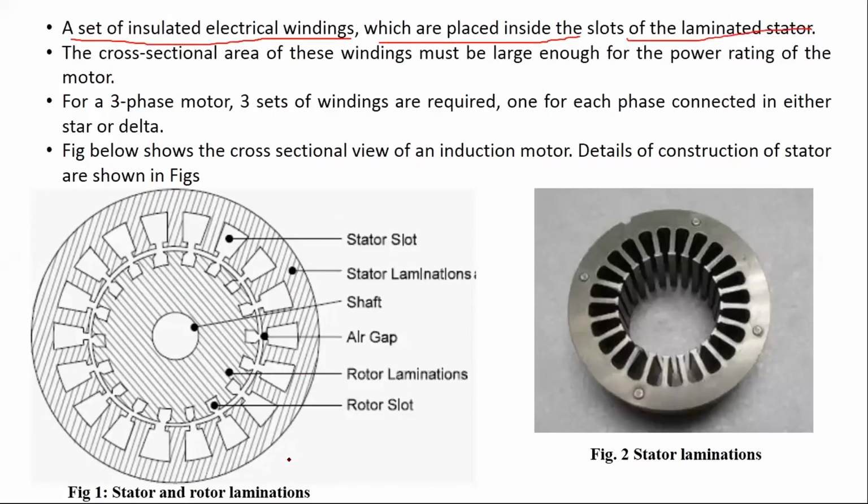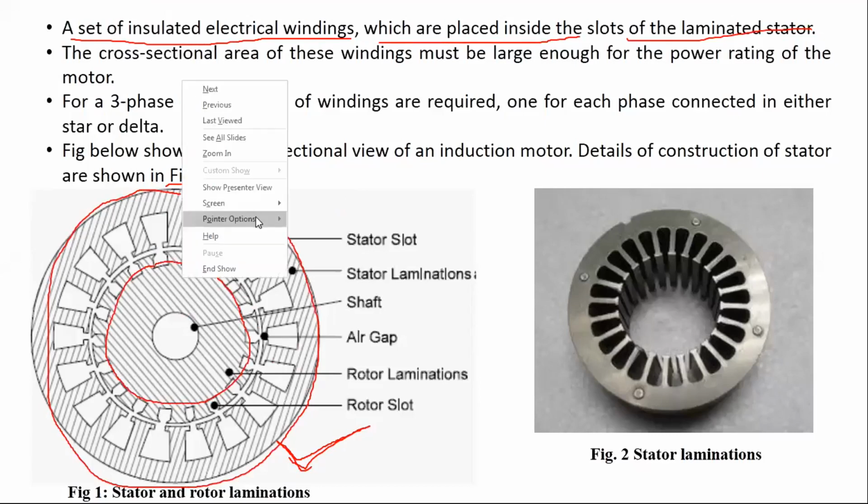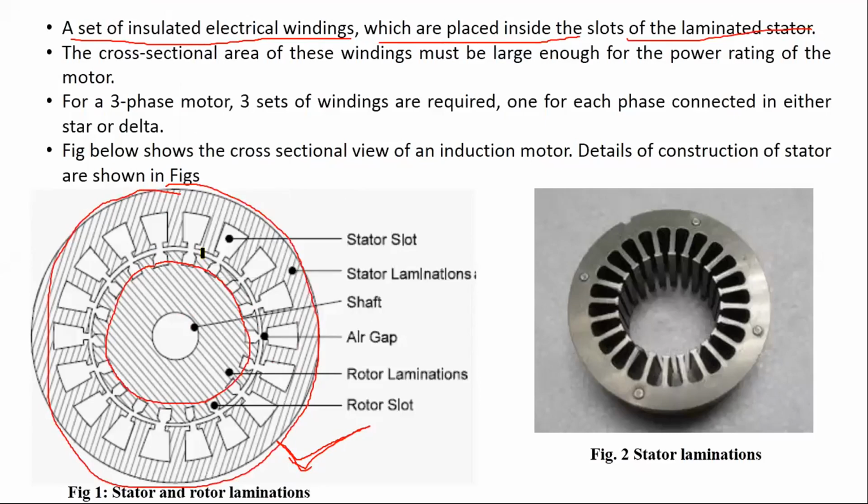Now you can see this diagram, it has two parts. This outer part belongs to the stator, and this inner sheet with slots belongs to the rotor basically. So this belongs to the rotor, and the outer one belongs to the stator, right?